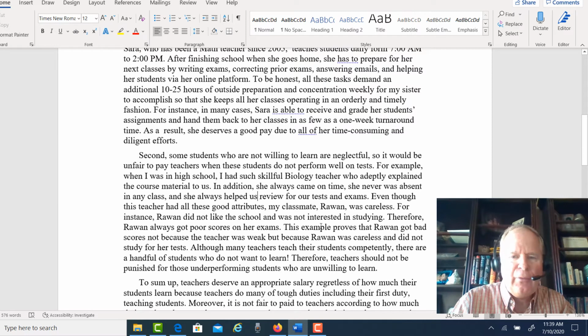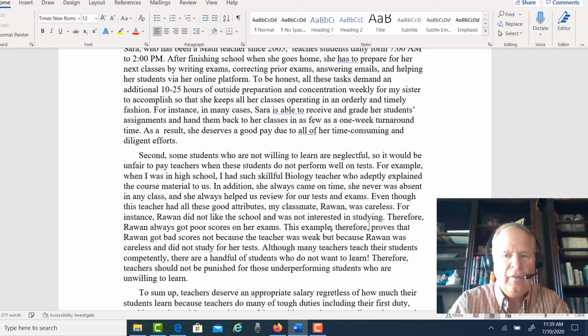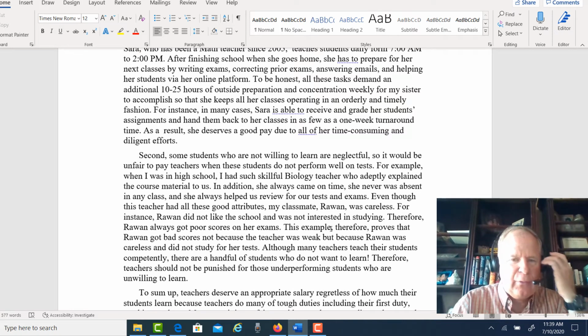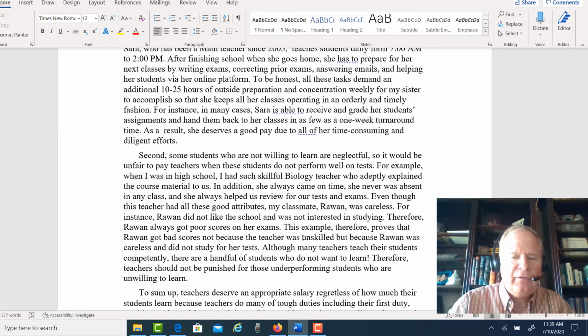This example therefore proves that Rowan got bad scores not because the teacher was unskilled, but because Rowan was careless, did not study for a test. Although many teachers teach their students competently, there are a handful of students who do not want to learn. Therefore, teachers should not be punished for those underperforming students who are unwilling to learn.